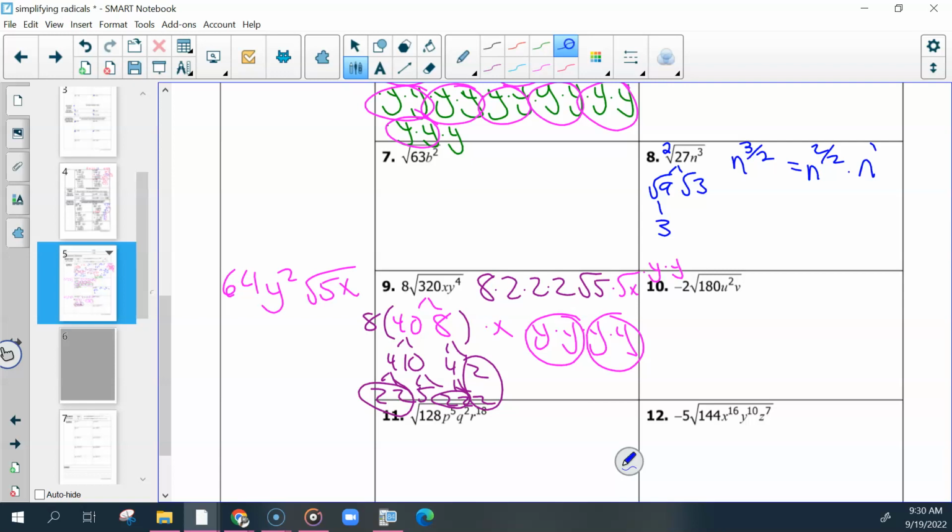So 1 of the n's would come out, and then this 1 by itself would be inside the square root of times this. I forgot to bring it down. So on the outside, we have 3 times 1 n. On the inside, we also have 3 times n.